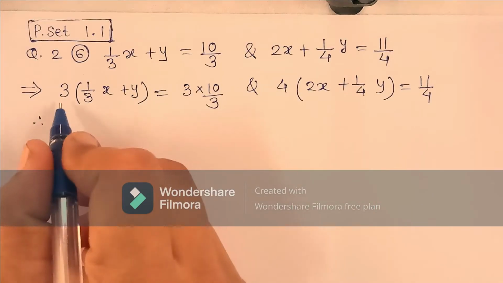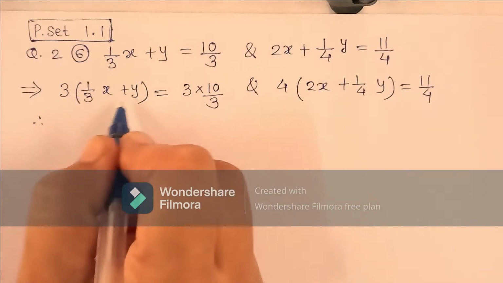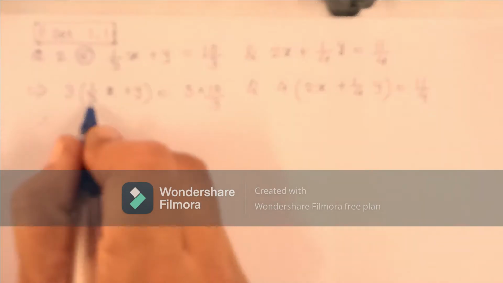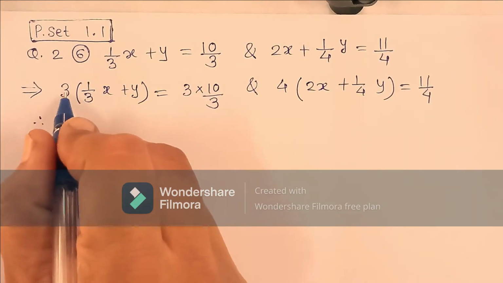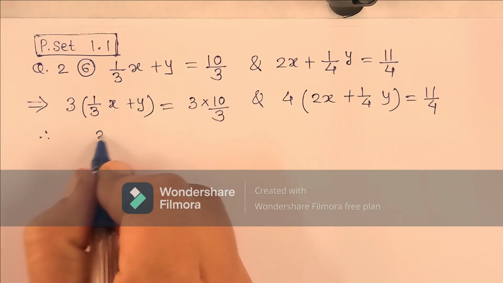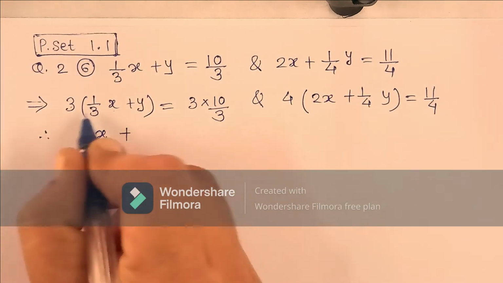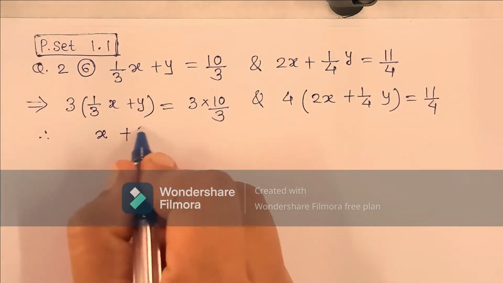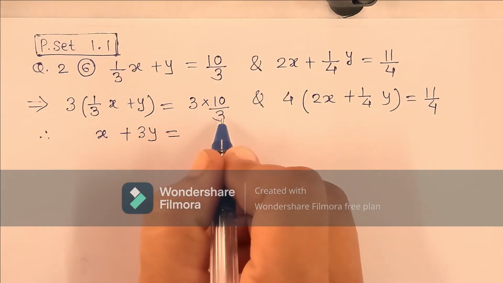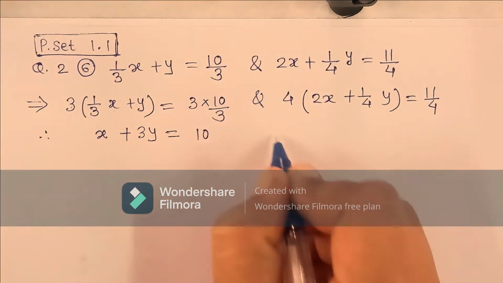The first equation will become, means this bracket you have to multiply each term by 3. So 3 into 1 by 3x means what? 3 and 3. This will get cancelled. So only 1x. That means you can write x. Then 3 into y, that is 3y is equal to, here 3 will get cancelled, is equal to 10.